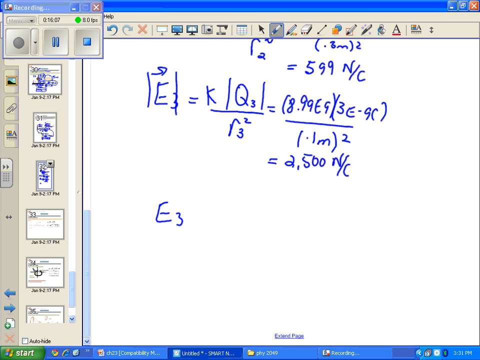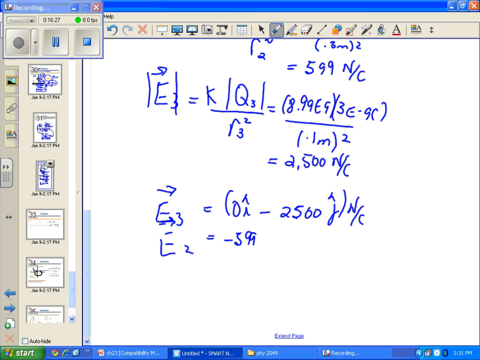Now I'm ready to write my vectors. Let me begin with E3. The vector E3 has 0 i hat component and a negative 2500 j hat component, with units of newtons per coulomb. E2, on the other hand, has a minus 599 i hat component plus 0 j hat component.